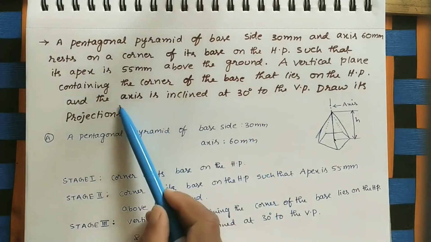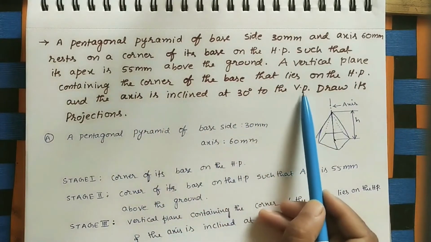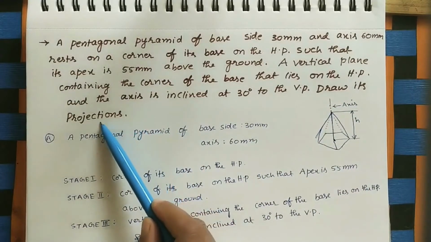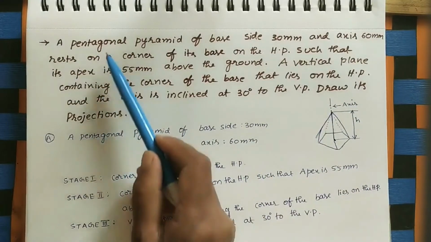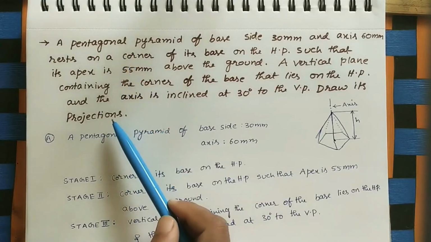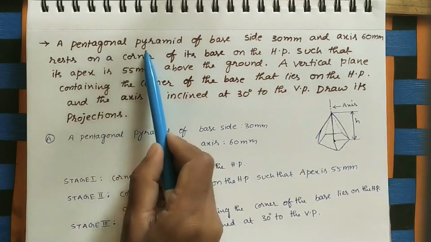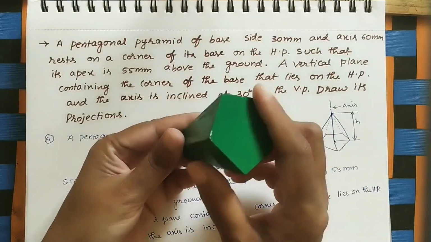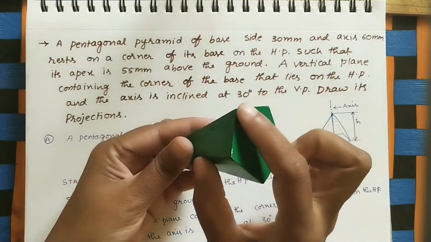Apex means the axis distance is 55 mm above the ground. The vertical plane containing the corner of the base that lies on the HP and its axis is inclined at 30 degrees to VP. Draw its projections. Okay, this is the pentagonal pyramid.